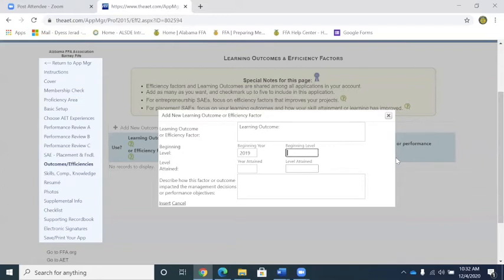Well, how can you measure 95% of that? So that might be beginner and advanced and intermediate. There's different depending on what you're doing. Be sure you use the correct words, and then describe how it impacted your management decisions or your performance objectives. What did you want to do?